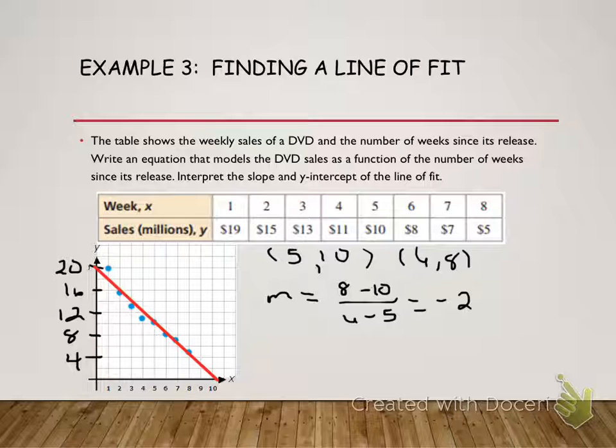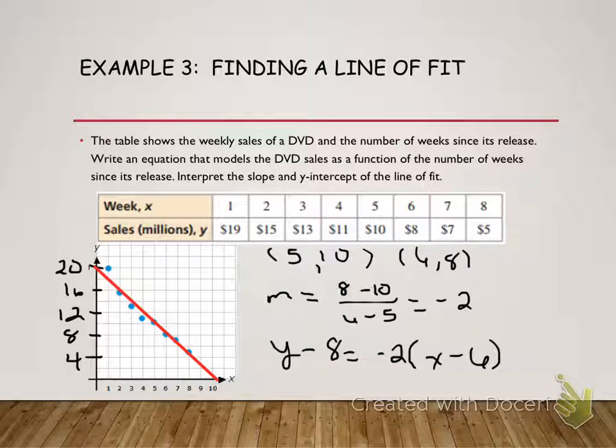And now we'll use the point (6, 8) to write that equation. Remember, we can just use our point-slope formula. We have y minus y1, which is 8, equal to negative 2, my slope, times the quantity x minus x1, which is 6.